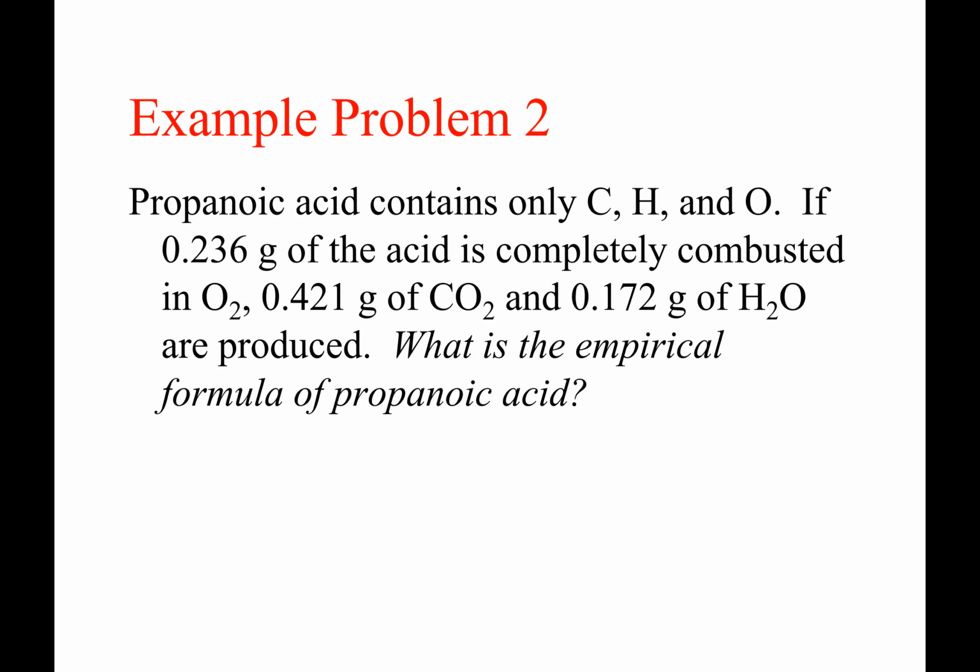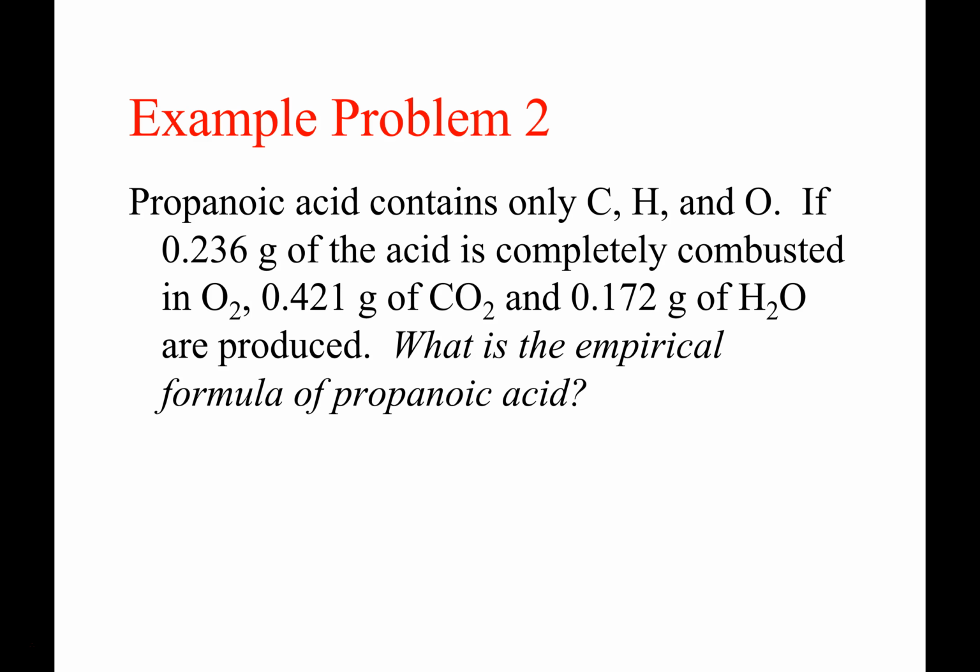And the mass of the H2O is 0.172. And then it's going to be kind of like we did before, where I'm going to go ahead over here and just make my little table. We're going to say element. We have carbon, hydrogen, and now we also have oxygen. We're going to come up with moles, and actually I'm going to add to this table. But that's kind of what we got going on.